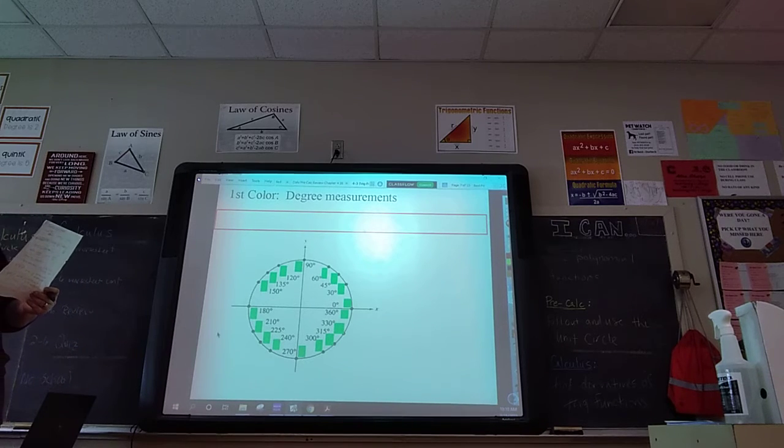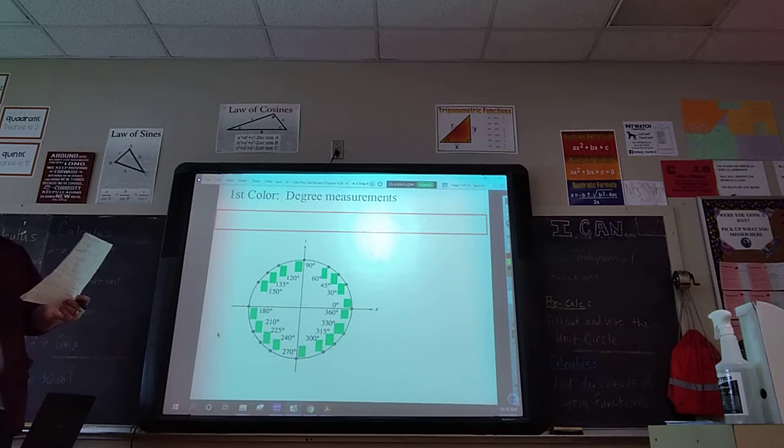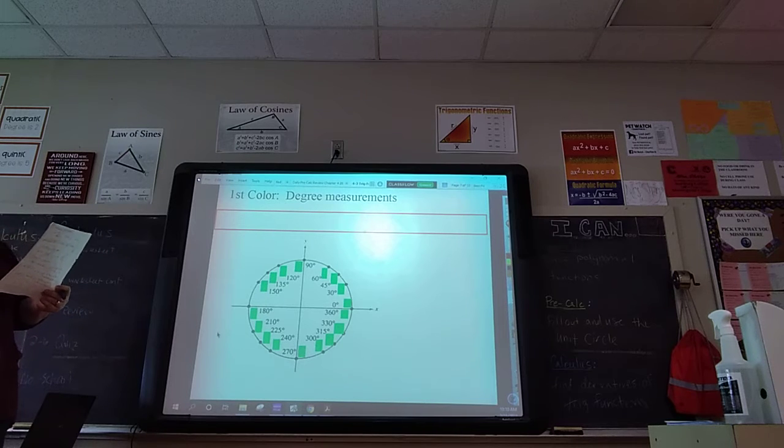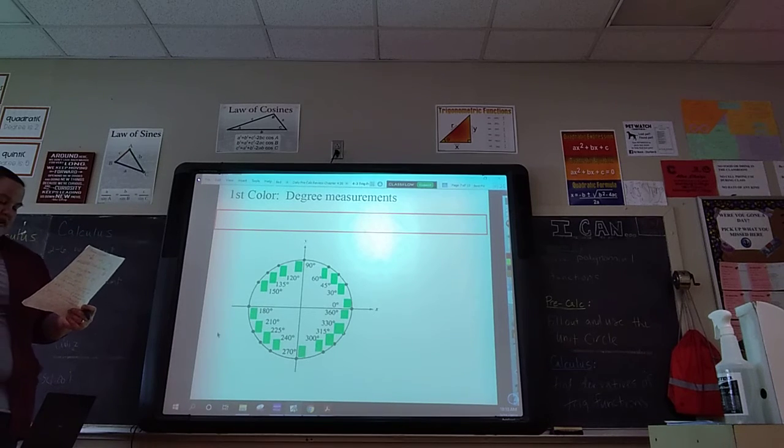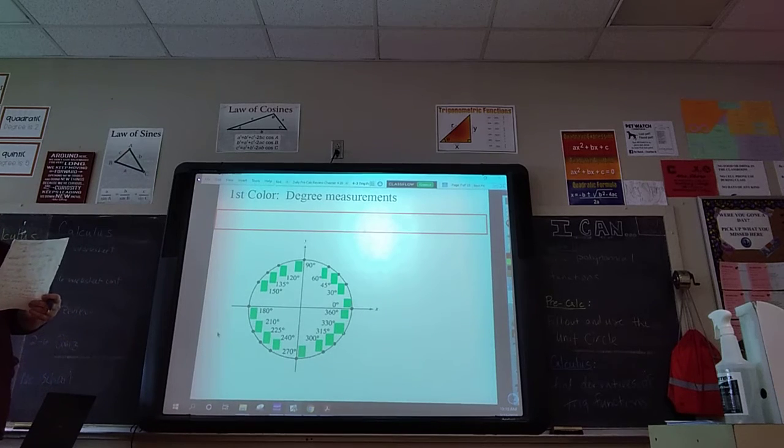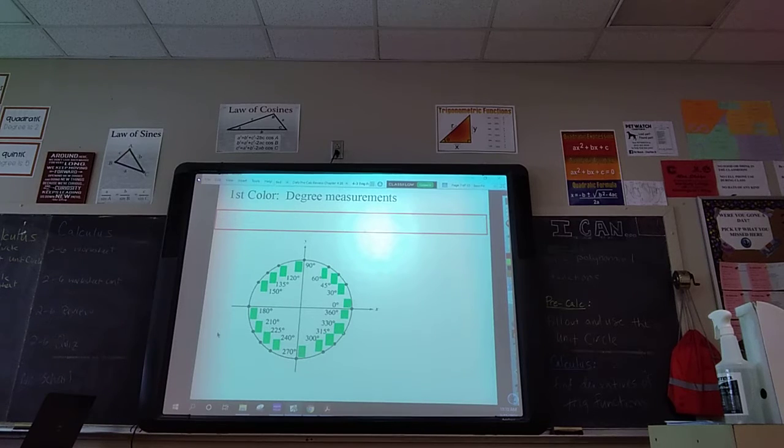We have 0, then 30, 45, 60, then a quarter rotation is 90, and we keep going from there: 120, 135, 150, 180, 210, 225, 240, 270, 300, 315, 330, and 360. So that is your first color.